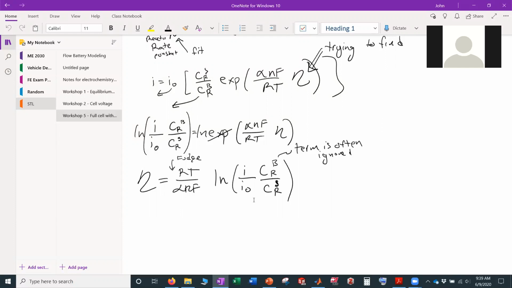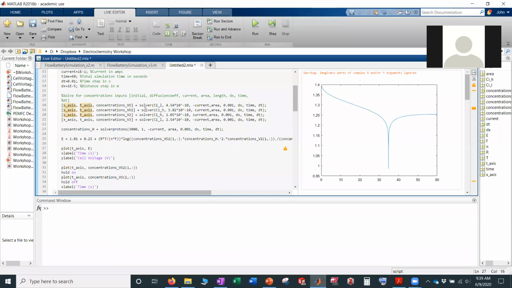Let's go into our code. And this happens on both the positive and negative side.